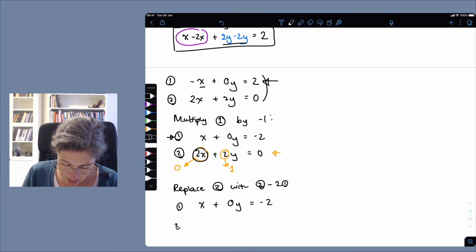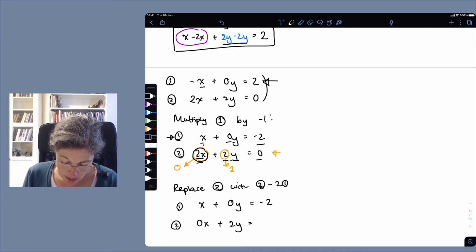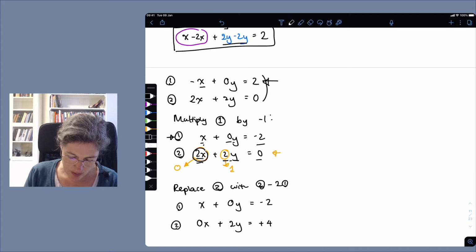Our second one becomes 2x minus 2x, so that's a 0x, plus, and now we've got a 2y minus 2 times 0y, which is 2y, and we've got a naught minus 2 times 2, so that's going to give us plus 4, because it's a minus 2 times minus.